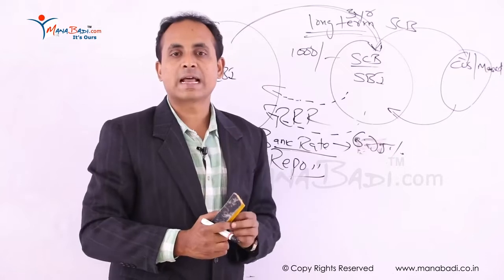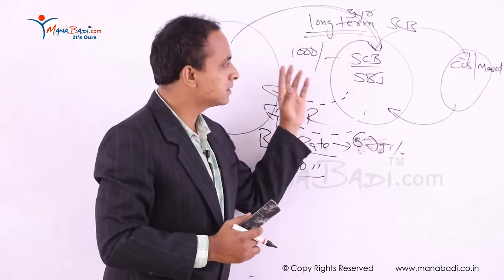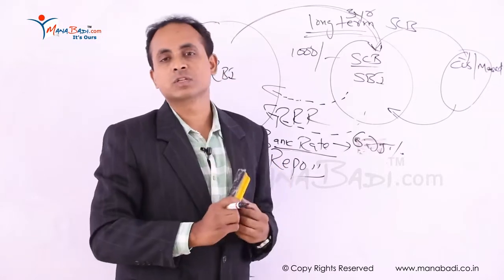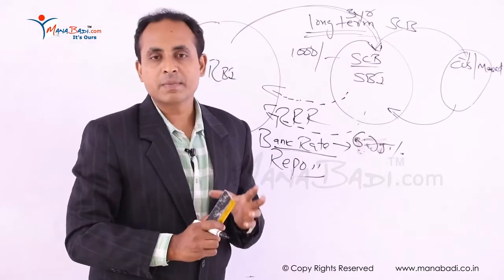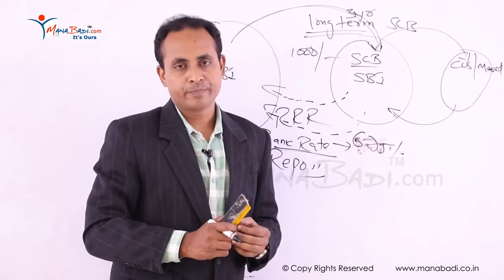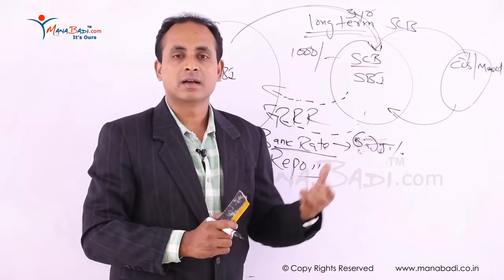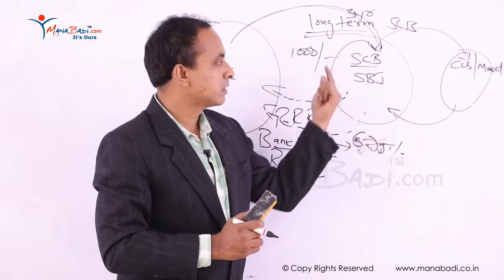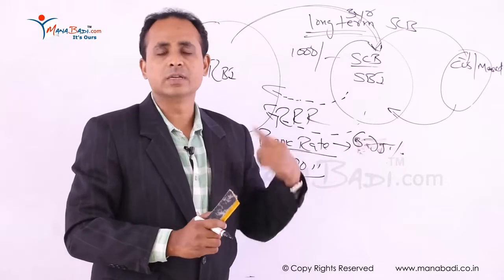Now the question arises: for what purpose can a central bank accept loans from a commercial bank? The central bank has enough finances, enough money with itself. Then for what reasons is RBI taking loans from SBI or any commercial bank? That we will discuss.